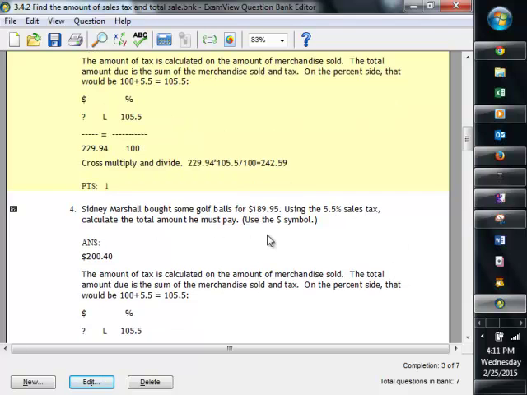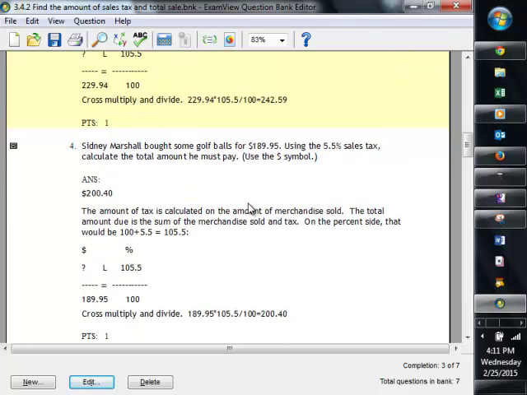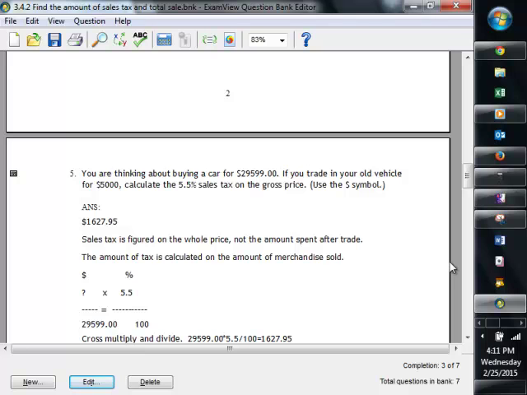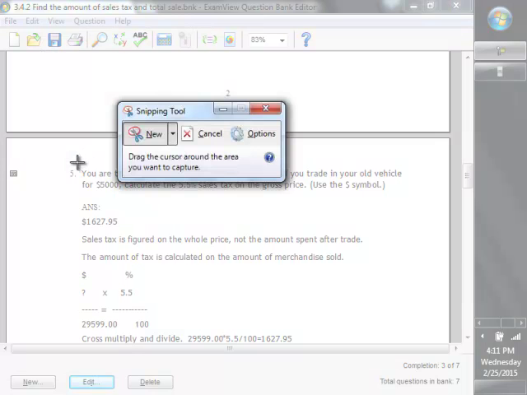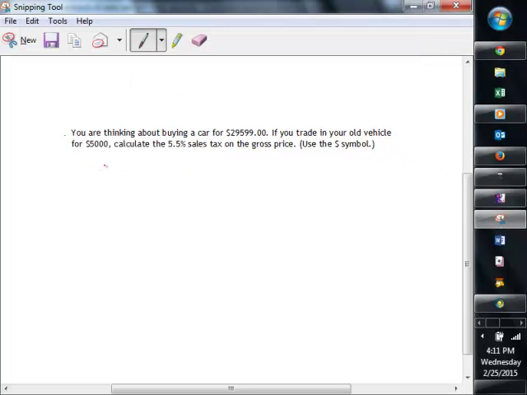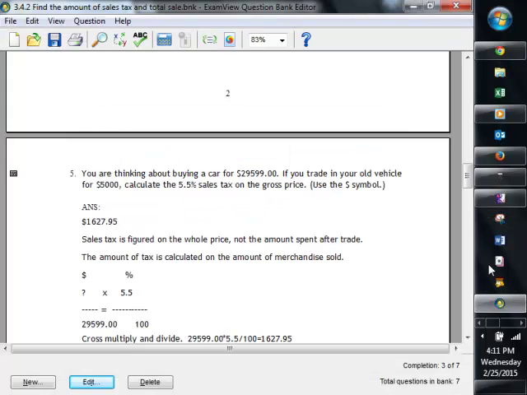Calculate the total that Sydney must pay is just like the last one. And here's a good one. The thing that trips people up is that they think they don't have to pay tax on the total amount because they got money off on the trade-in.